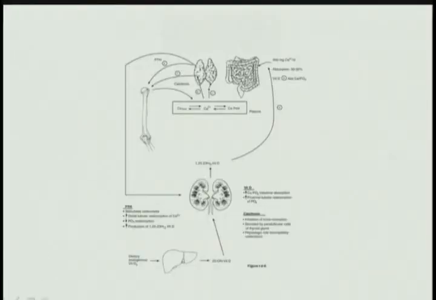After we absorb enough vitamin D, we still have a little way to go. We need to hydroxylate it at 2 different sites in order to have the active form of vitamin D. So the first site is right here in the liver, the 25th position.